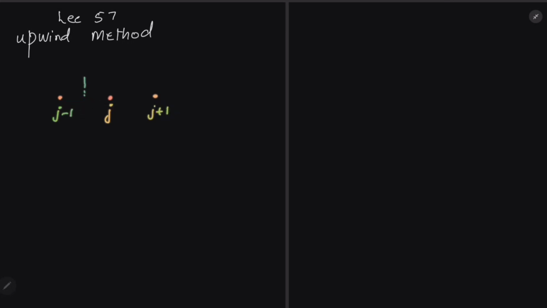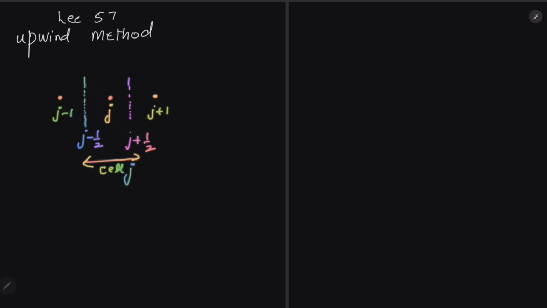And this is the center of these 2 grid points, which is j minus 1 half, and then we have j plus 1 half. Between these two midpoints is cell number j. This is called the cell j.